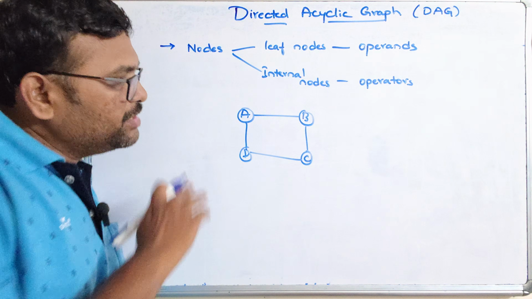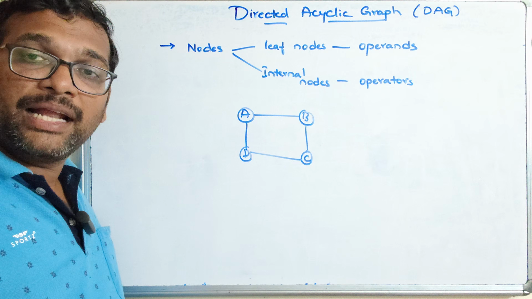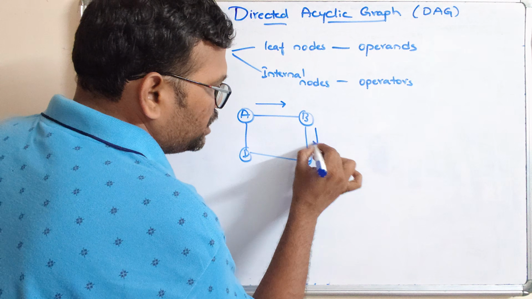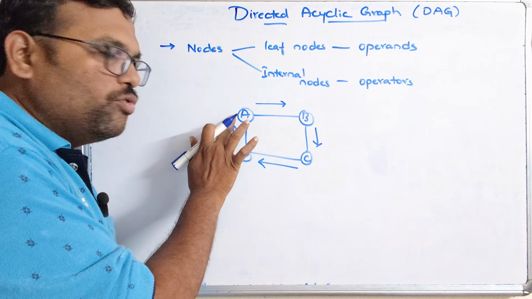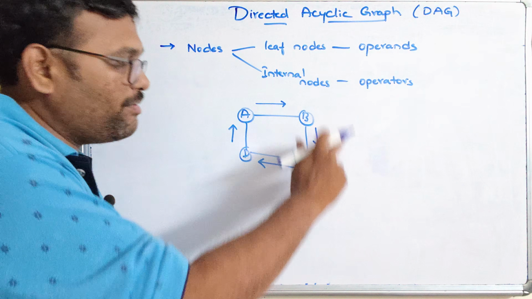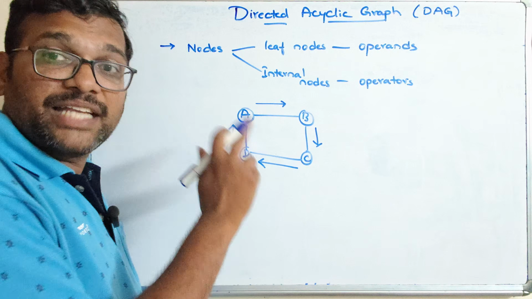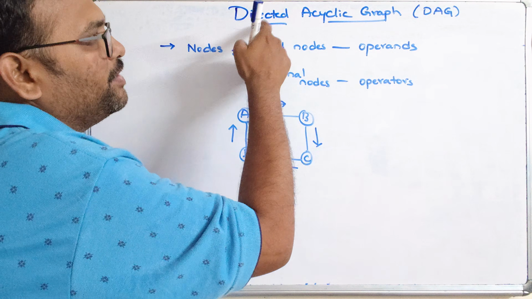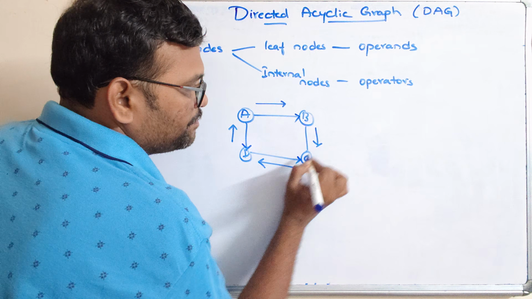This one is undirected. Undirected means if you travel from A to B, B to C, C to D and D to A, there is a cycle. The starting node is A, and we travel and come back to the same node. That is nothing but a cycle, so it is not an acyclic graph. If it is directed, there will be directions.